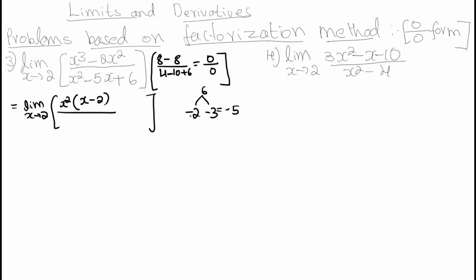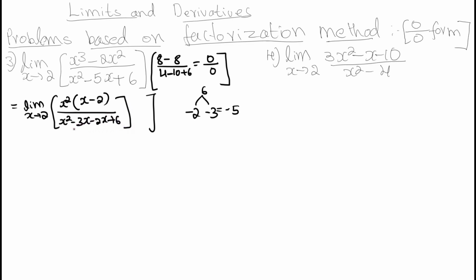Because see, minus 2 minus 3 will get minus 5. And minus 2 into minus 3, its value is equal to plus 6. So we can write it as x square, splitting minus 5x as minus 3x minus 2x, plus 6.